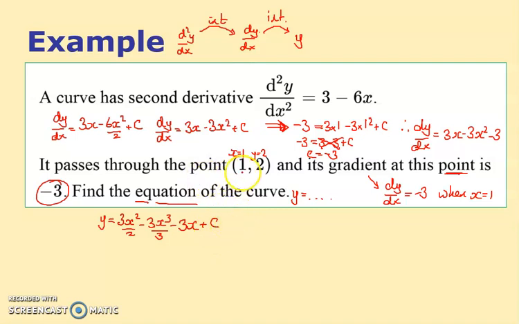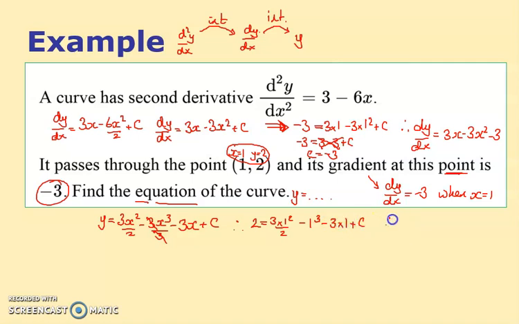I also know that it passes through this point, x equals 1, y equals 2. So let's substitute those in. y equals 2. And by the way, this can be simplified a bit, can't it? 3 over 3 is 1, so I can ignore that. So it's 3 times 1 squared over 2 minus 1 cubed minus 3 times 1 plus c.